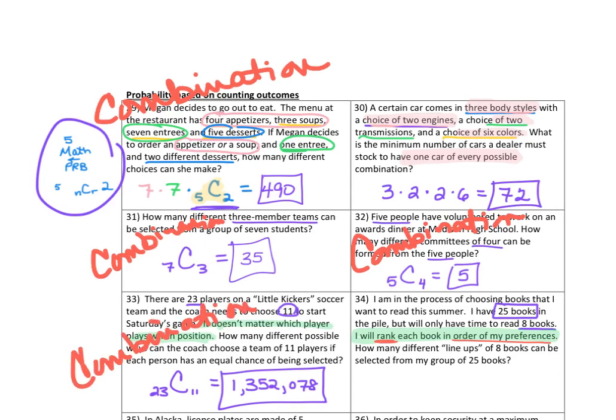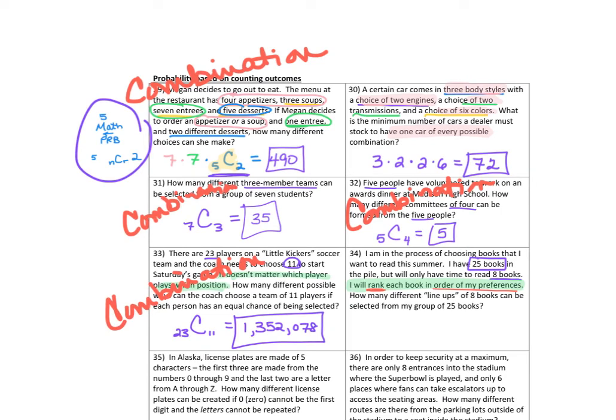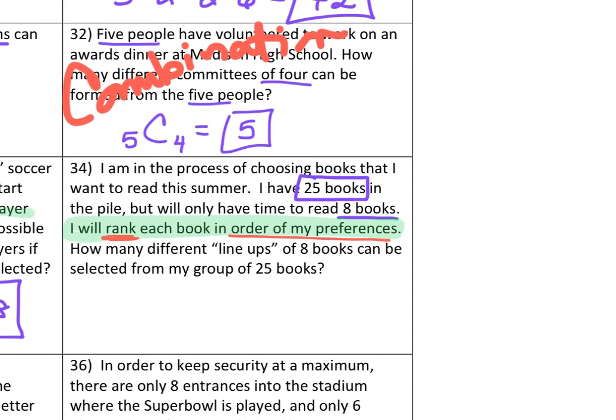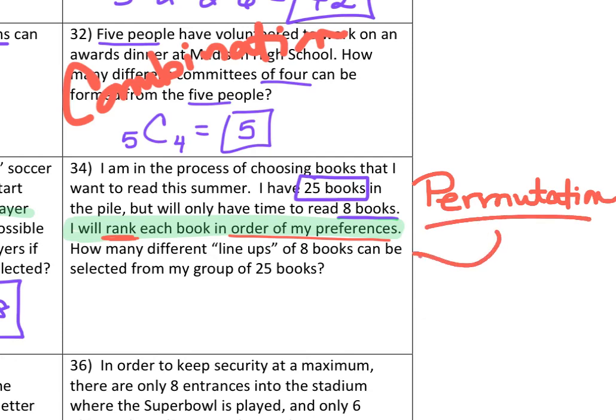And what I want you to do is read those 4 problems that I just obliterated with my red pen. And I want you to think about how order does not matter for those 4 problems, 29, 31, 32, 33. But in 34, this is a permutation, and how I wrote the problem means that the order matters.